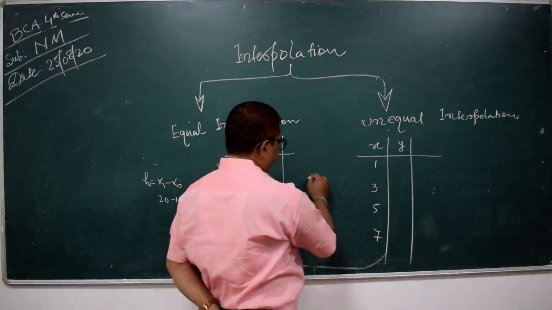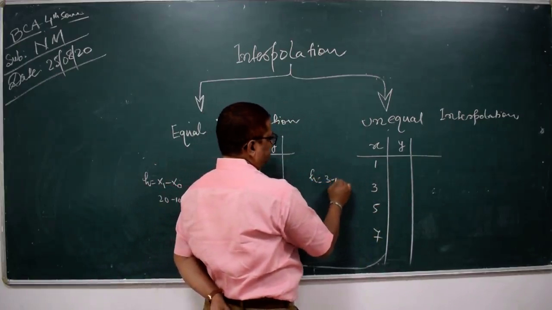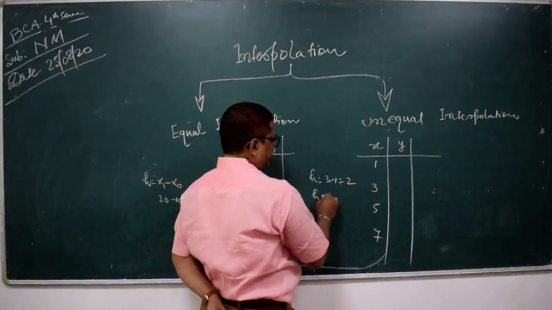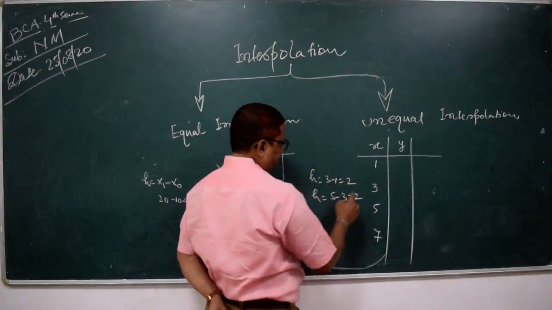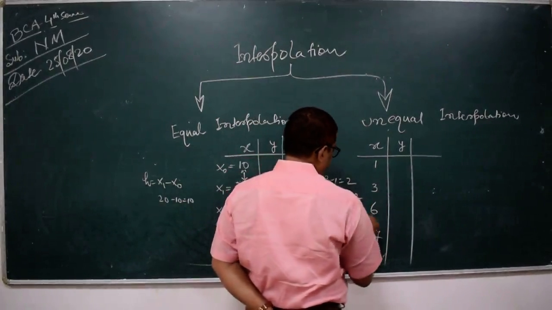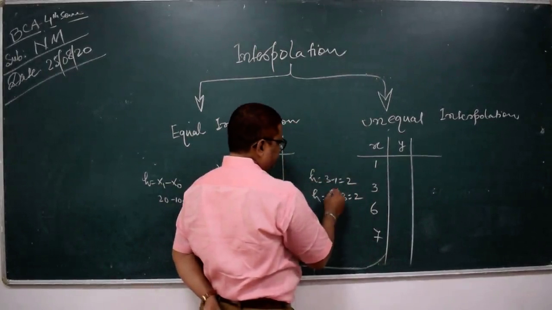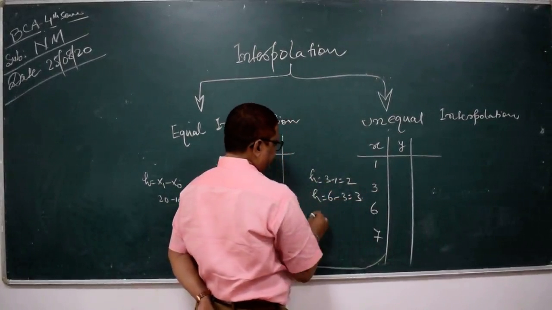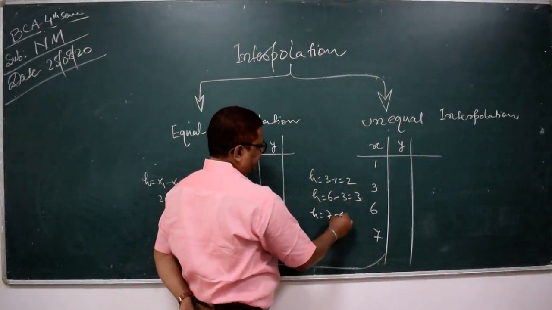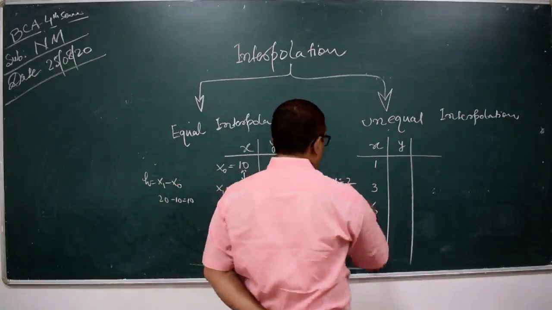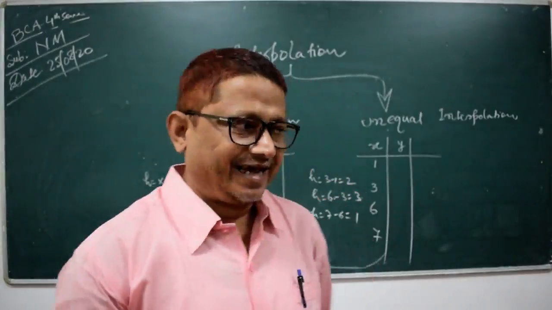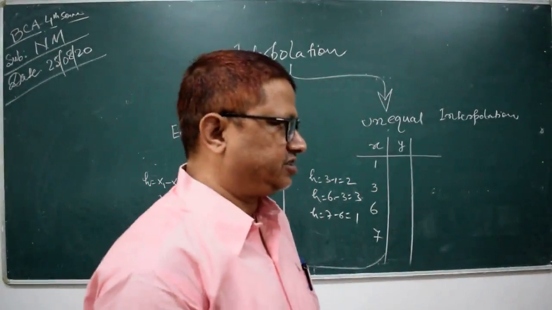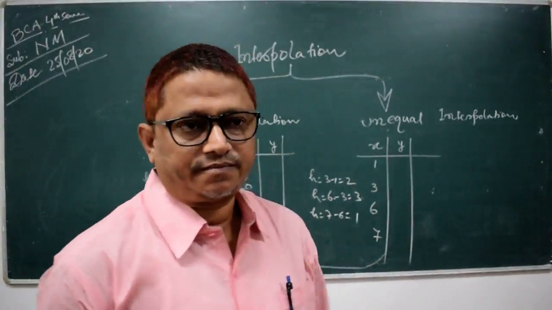Here the interval h is equal to 3 minus 1, which is 2, another h is equal to 5 minus 3, which is equal to 2, then 6 minus 3 is equal to 3, and 7 minus 6 is equal to 1. So we get 2, 2, 3, 1. These values are not equal. This type of problem in interpolation goes to unequal.